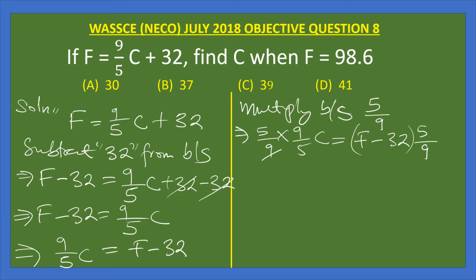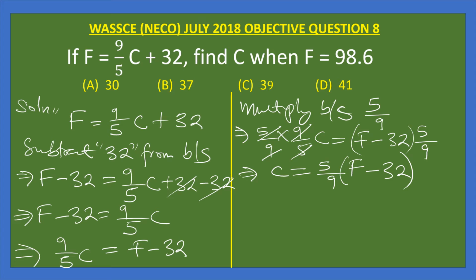What now happens? This 9 will go, this 5 will go. We now have that C is equal to 5 over 9 into F minus 32. So we have gotten the first one. We have made C the subject of the formula.